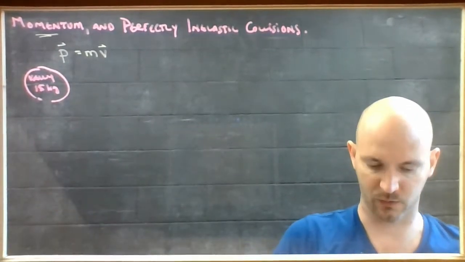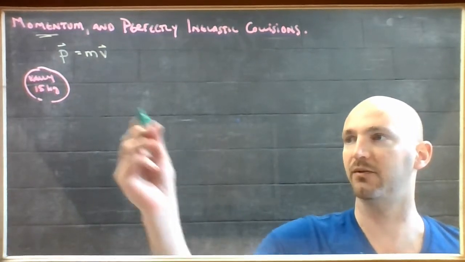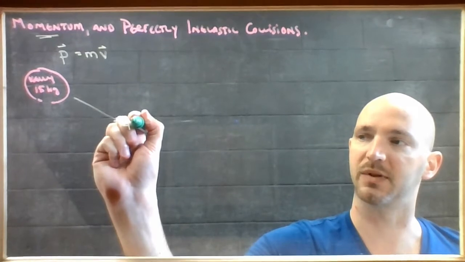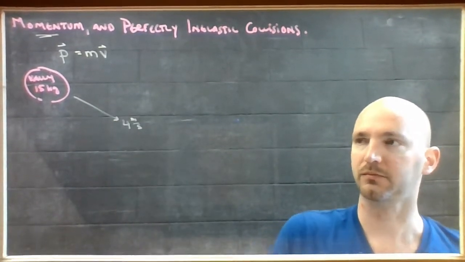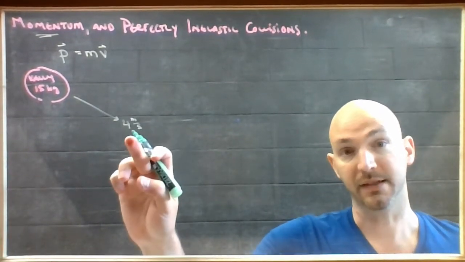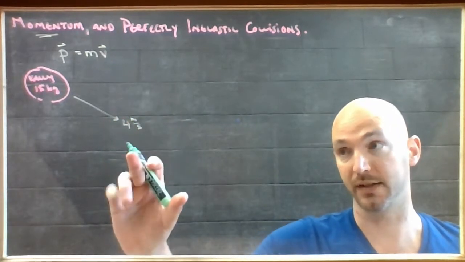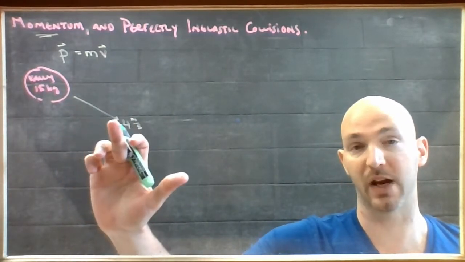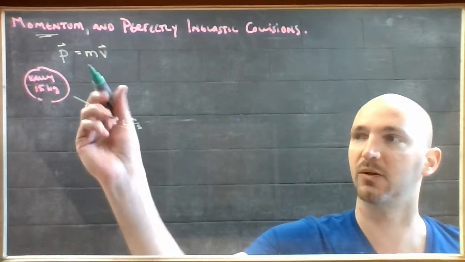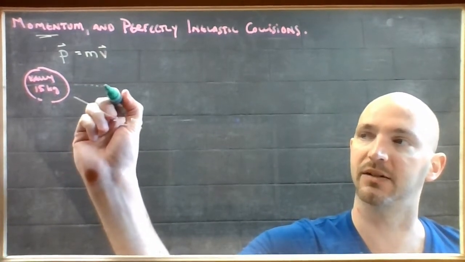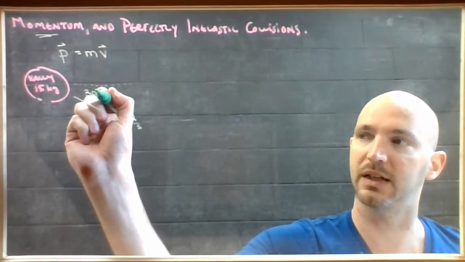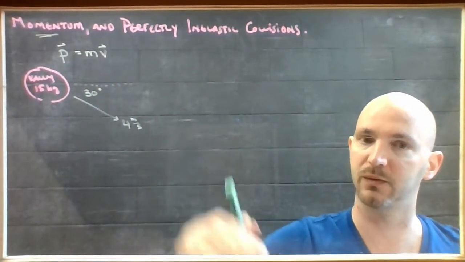All right, so we are going to let Kelly travel this way at 4 meters per second. So that's a speed, but I need a velocity. I need this as a vector. So I need some way of writing which direction precisely this is headed. So I'm going to add a little detail here that Kelly is headed 30 degrees down from horizontal.